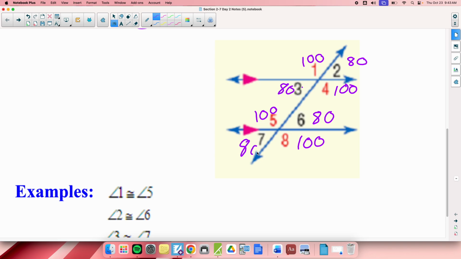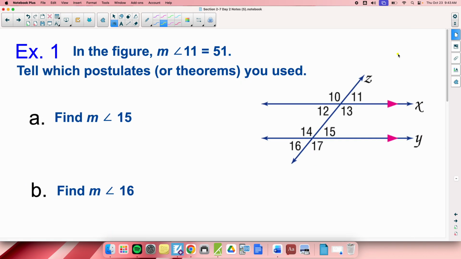One thing I want to show you here is that if those two lines are parallel, these two angles and these two angles are going to be equal, and these two and these two are going to be equal all the time. So really, if you know one angle, you can find all the rest if the lines are parallel, okay?